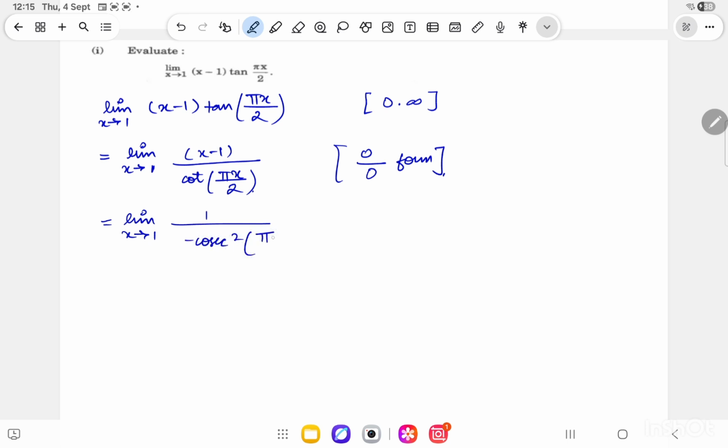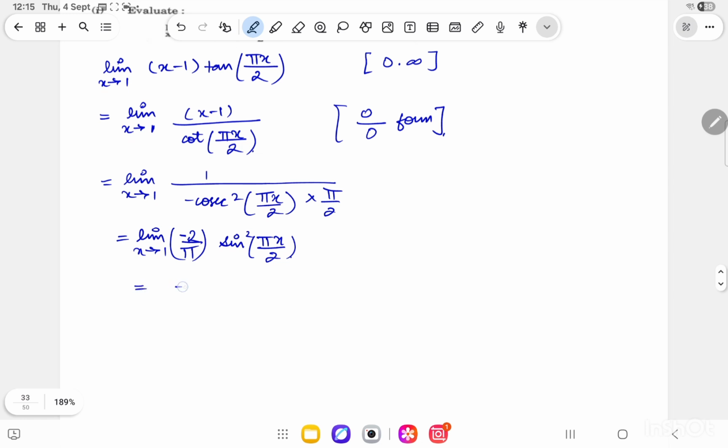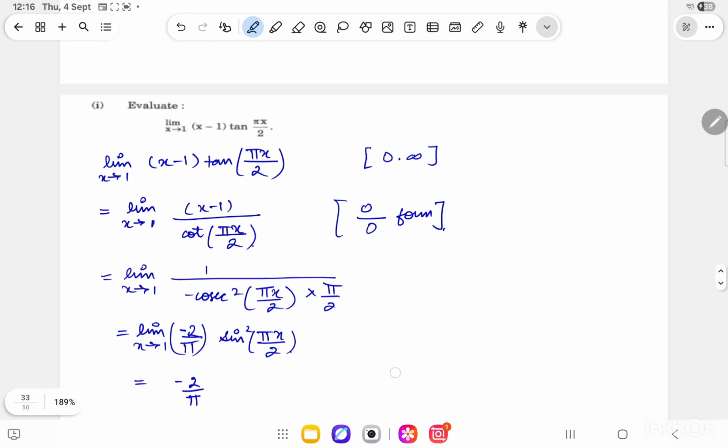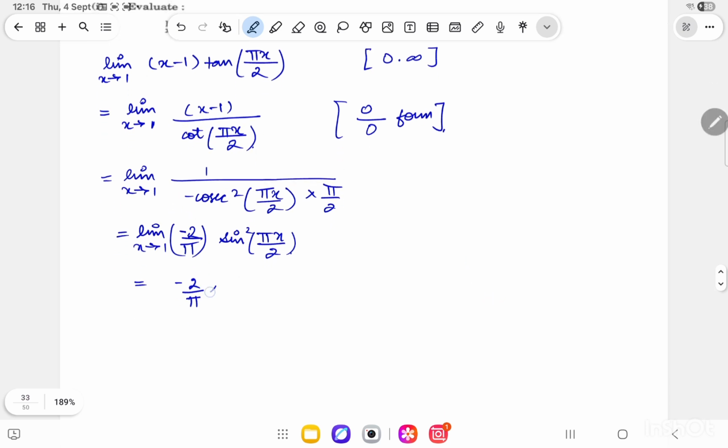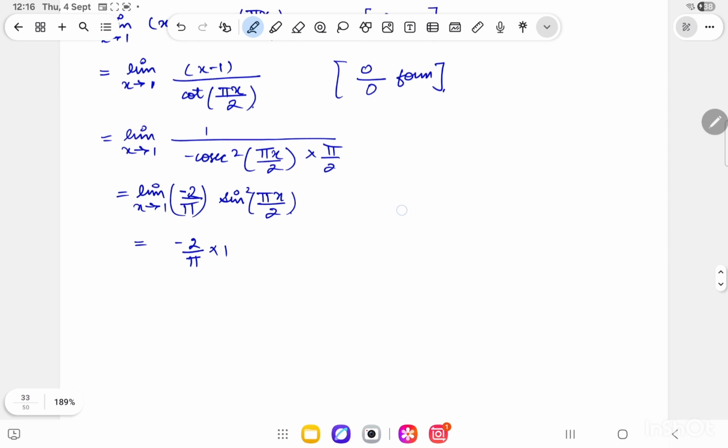So it will be minus cosec square(pi x by 2) into pi by 2, which is basically equal to limit x approaches 1 of minus 2 by pi into 1 upon cosec square; cosec is 1 upon sine, so it will be sine square(pi x by 2). If I take the limit, I will be getting minus 2 upon pi into 1. Sine pi by 2 is basically 1, and the square of that is also 1, so my limit is minus 2 by pi. So let us see the next question.